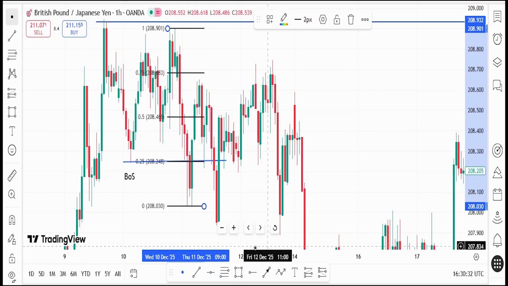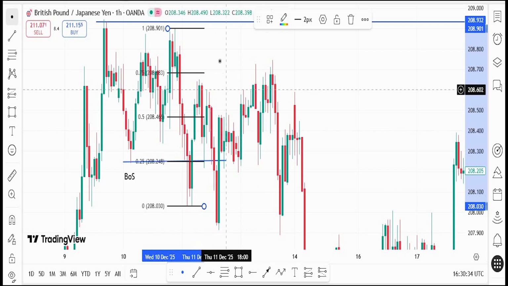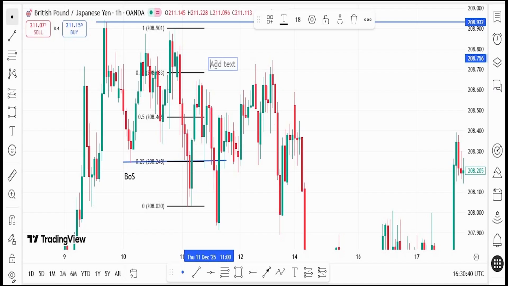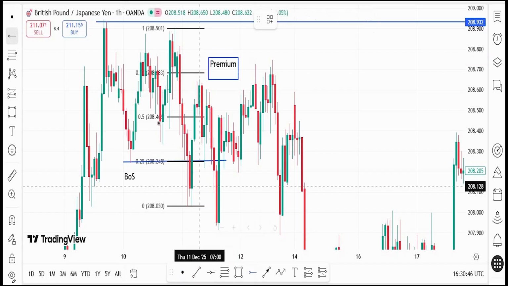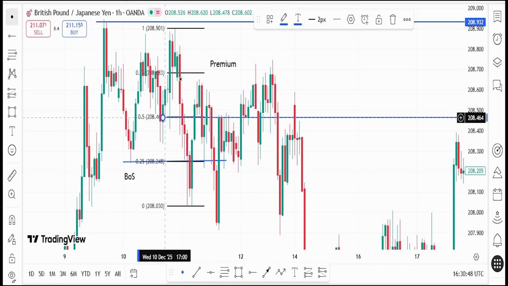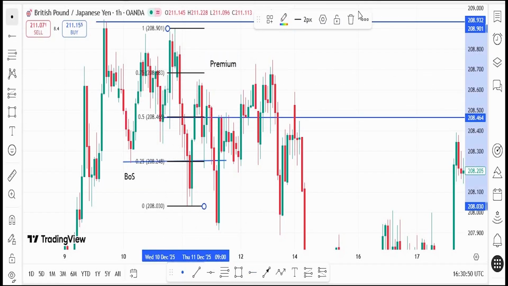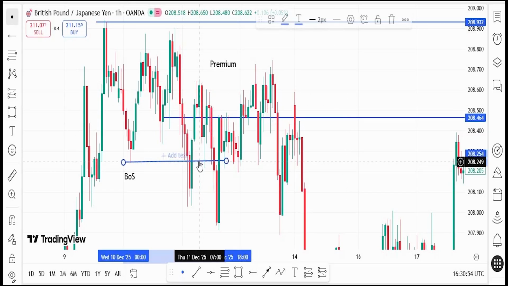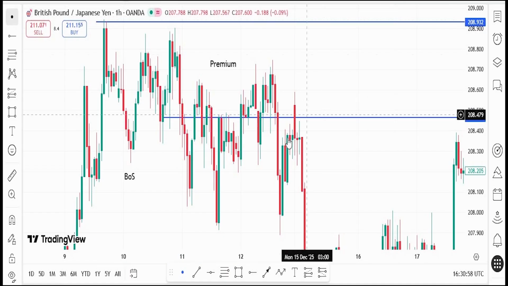The area above the 50% is the premium area. So this was the 50% of the wave. Now let me remove the Fibonacci retracement. Let me also remove this so it will not create any confusion.